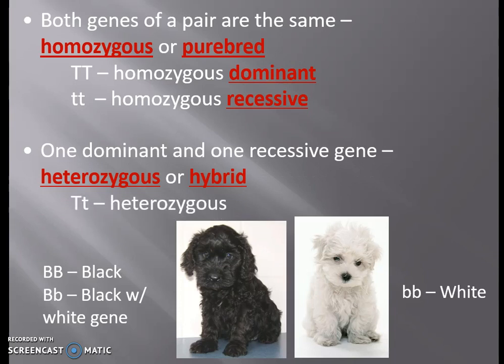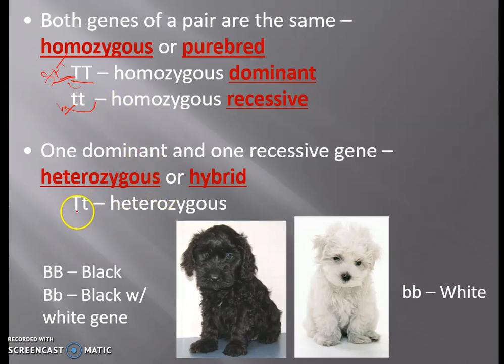It's going to be capital T and a lowercase t, which will be heterozygous. So just to repeat that, homozygous dominant is capital T and capital T. And if it is recessive and homozygous, then it's going to be lowercase t and lowercase t. In both cases, the first is going to be a straight thumb, and the second is going to be a hitchhiker thumb.